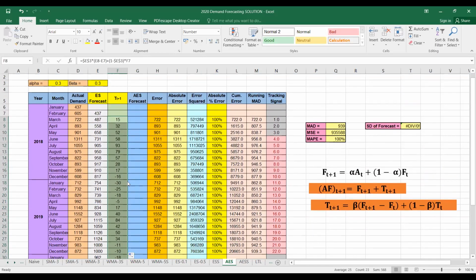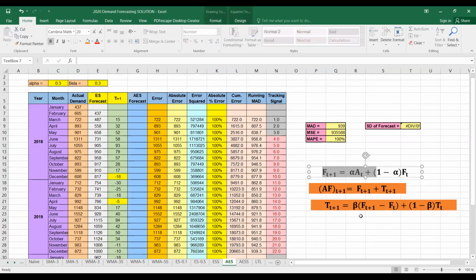You can see that for some periods we are having negative values as well. Now we will simply add these two values. This was the formula for adjusted forecast. So we have to add both values, the exponential smoothing forecast and the trend, to find the adjusted forecast.